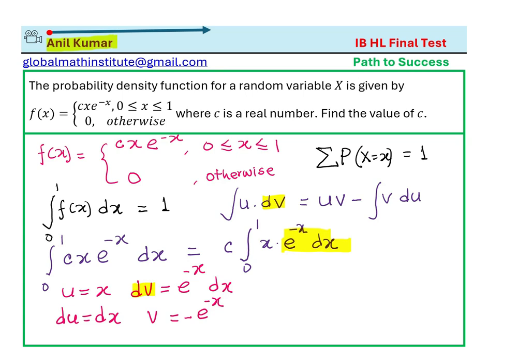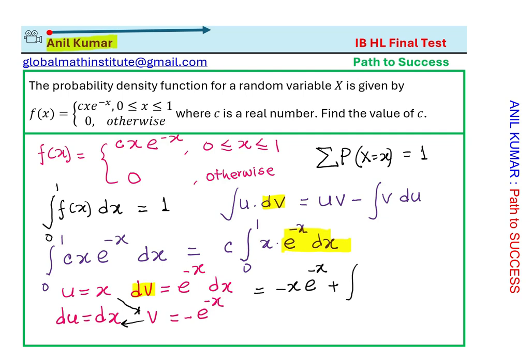And now we can write down the integral of this particular function. You have to multiply u and v, so you get minus x e to the power of minus x. And to this you have to subtract the integral of v du, but there is a minus outside, so it becomes plus here.